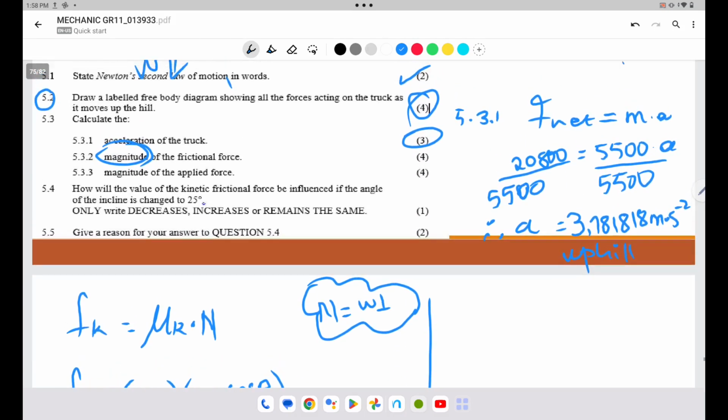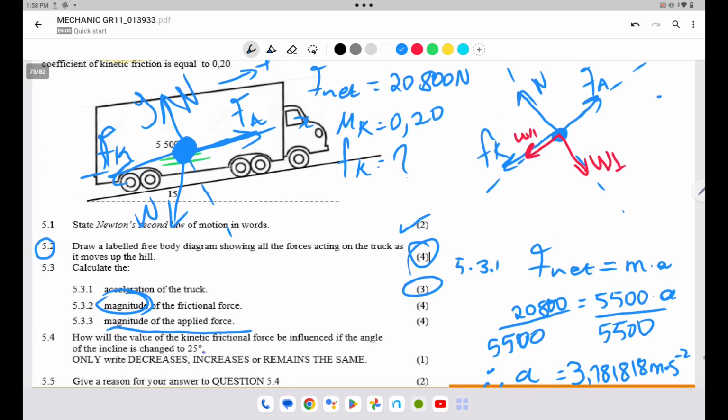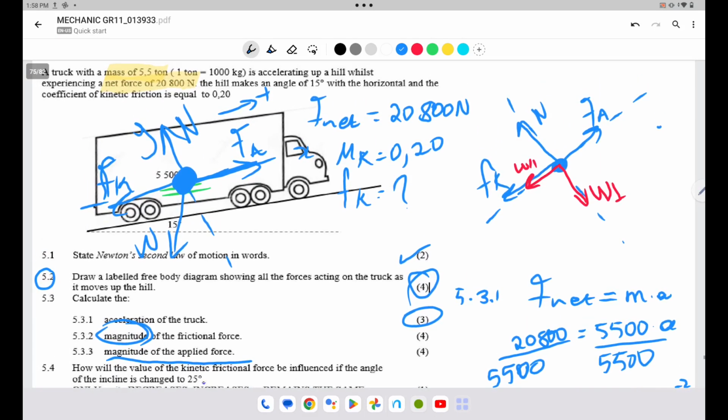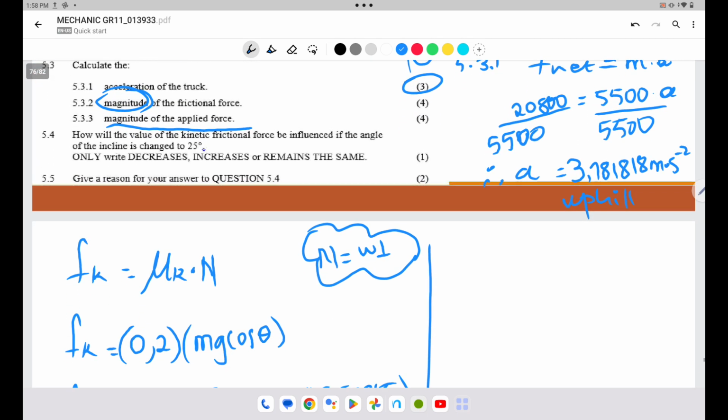And then the other one says, calculate the magnitude of the applied force. Let us look at the diagram. If you go back to the free body diagram, along which direction do we find the applied force? We find it along the x direction. So it means we need to sum forces along the x direction here. So the sum of forces along the x direction is equal to the mass multiplied by acceleration.